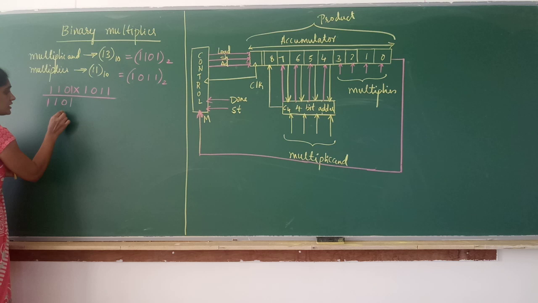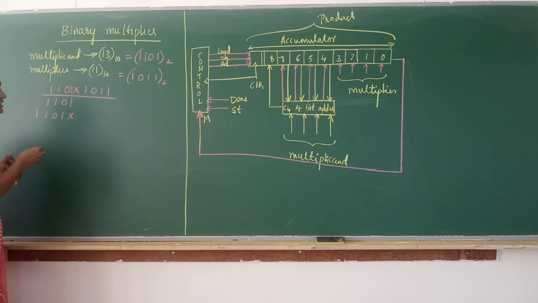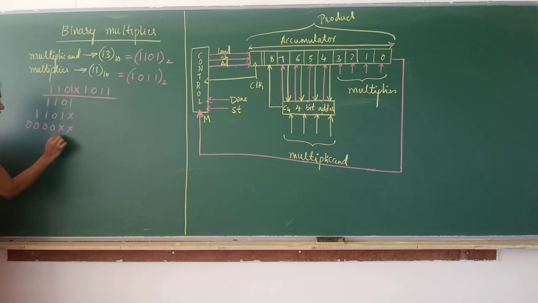Then 1 into 13 we write it here, shifted. This is how we do the multiplication, correct? Then 0 into 13, so it is 0000. Then 1 into 13 is 1101, okay? Then finally we are going to add these.